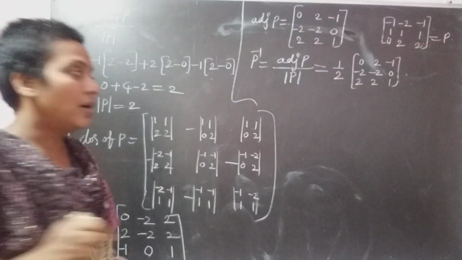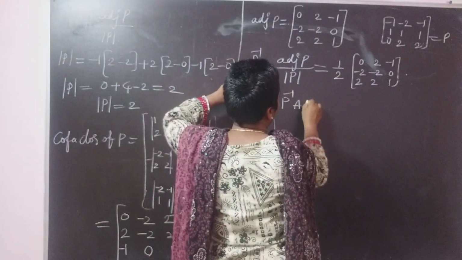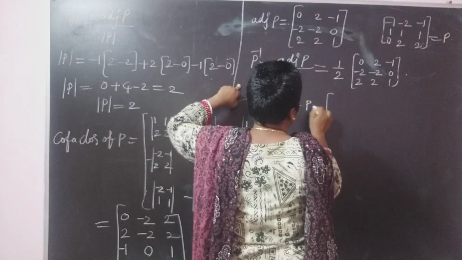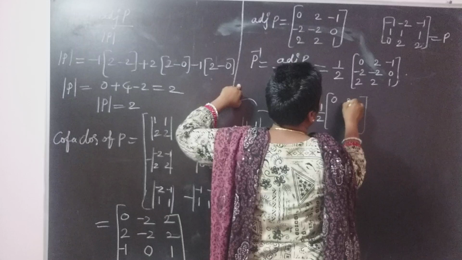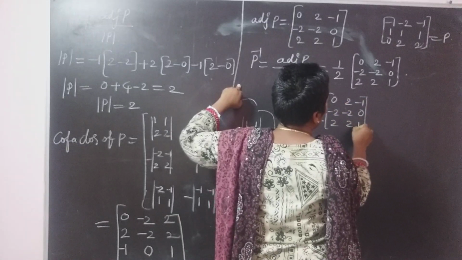Okay. Now we can find out P inverse AP. P inverse matrix is 1 by 2 into matrix 0, 2, minus 1, minus 2, minus 2, 0, 2, 2, 1.